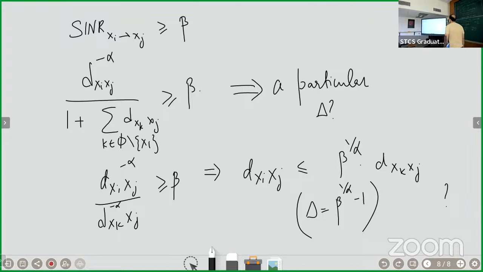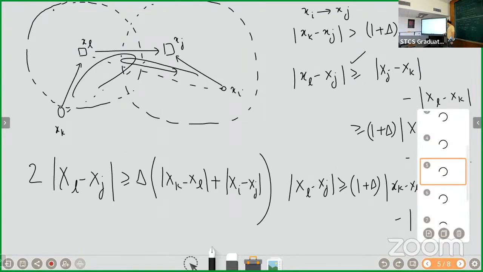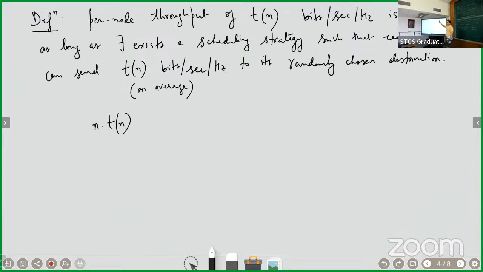Okay, so how do I get my T of n from all of this? The original goal was to get the per node throughput. All I've said is that my transport capacity is of order square root n. I've also said that the SINR model corresponds to a particular protocol model.